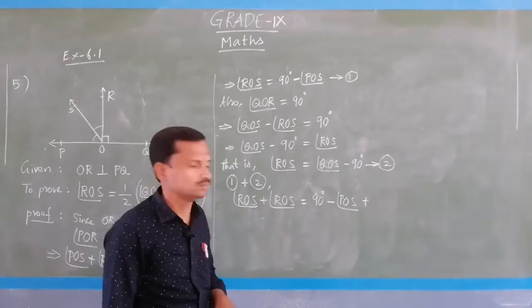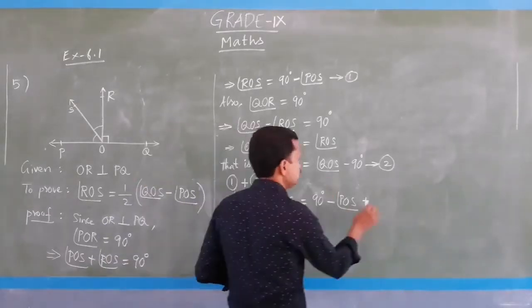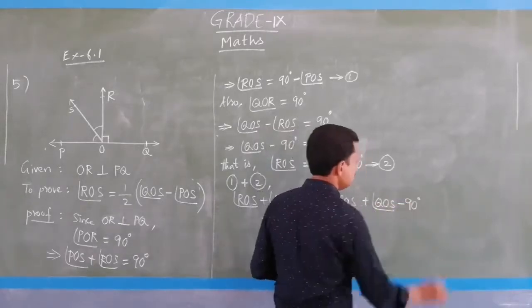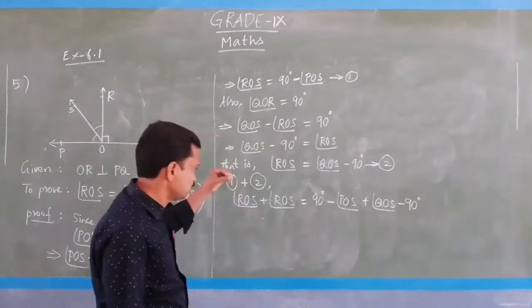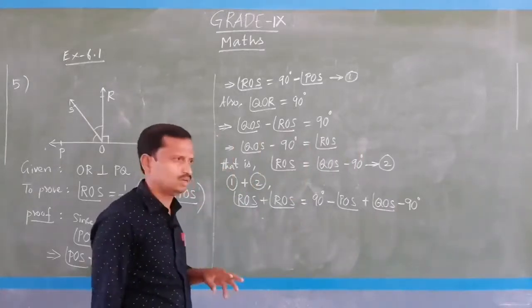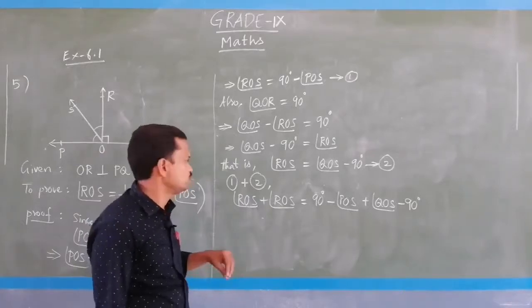But in addition, no problem, as it is we can write. So here QOS minus 90 degree. You see how I am writing and how I am explaining. This is the simplification concept. This idea you should have. You have to practice. By practice, it will come.